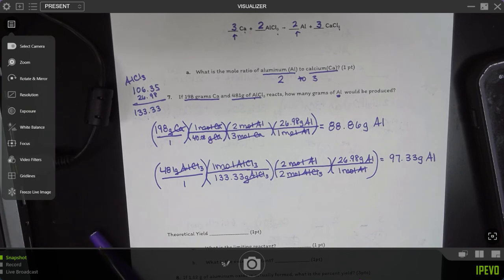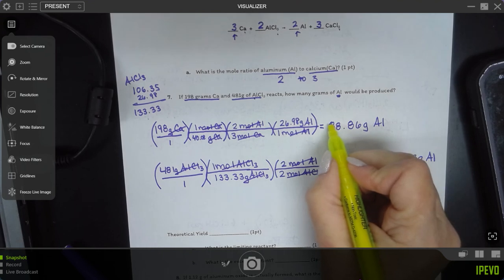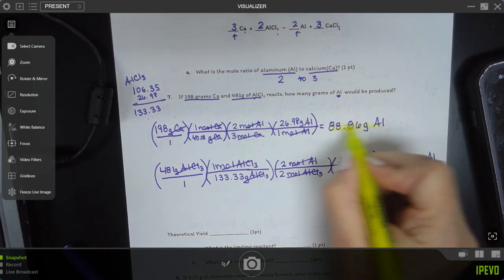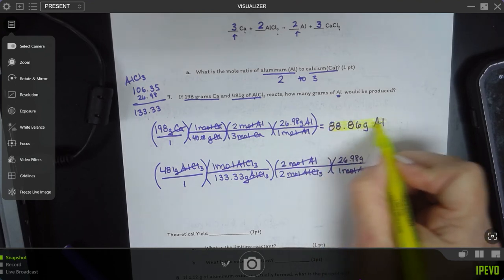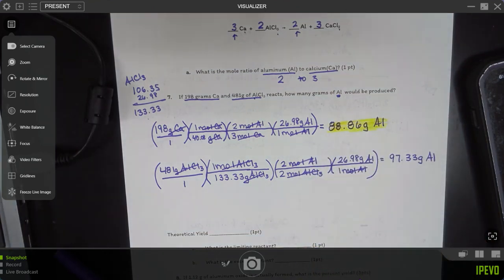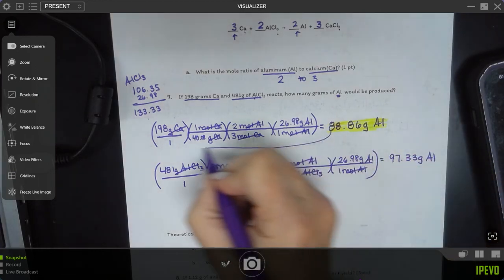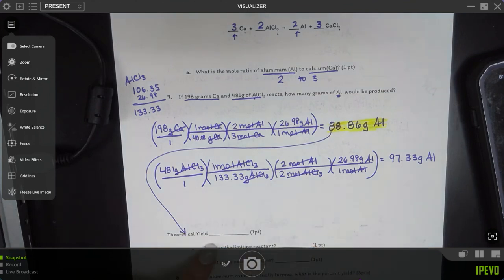Now that you have this, we need to answer some questions. What you need to look at is which of these numbers is smaller. In this case, 88.86 is smaller. So what that means is 88.86 grams is your theoretical yield.